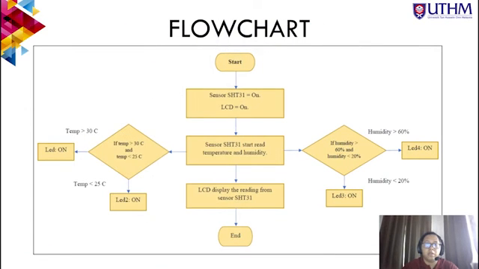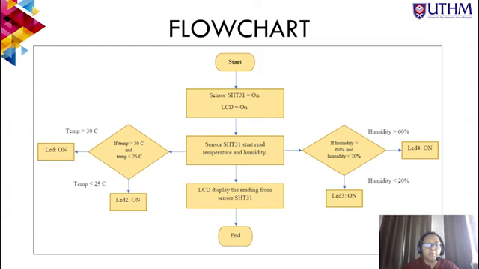For the flowchart, you can see here we start from the start. Next, the sensor SHT31 is on and the LCD is on. Next, the sensor SHT31 starts to read temperature and humidity. If the temperature is greater than 30 Celsius and humidity is larger than 60%, LED 1 will turn on and LED 4 will turn on.